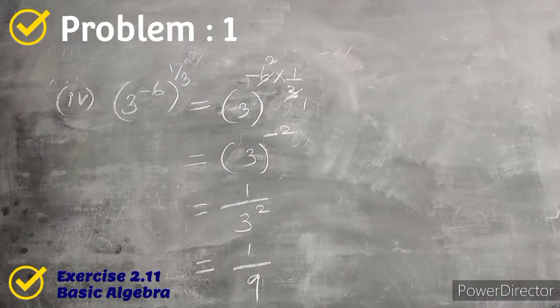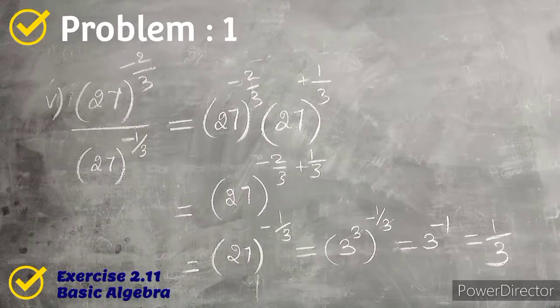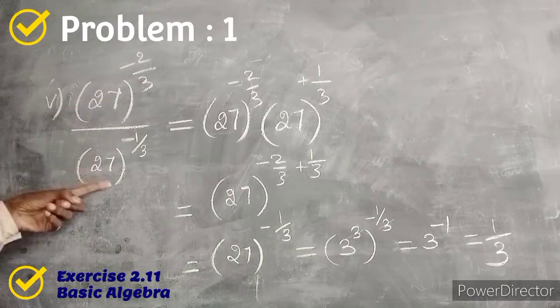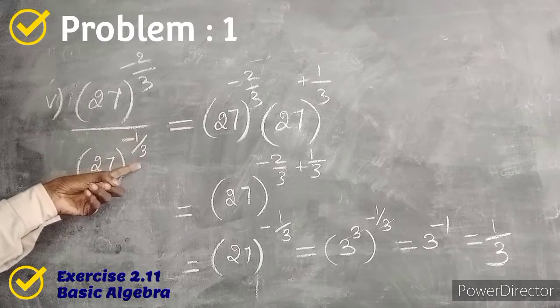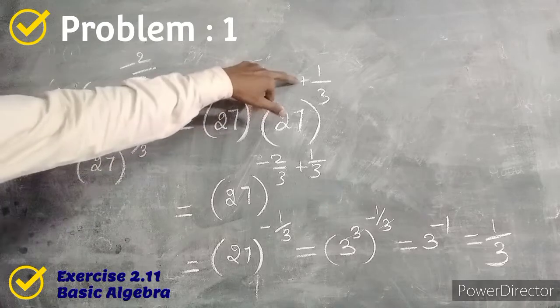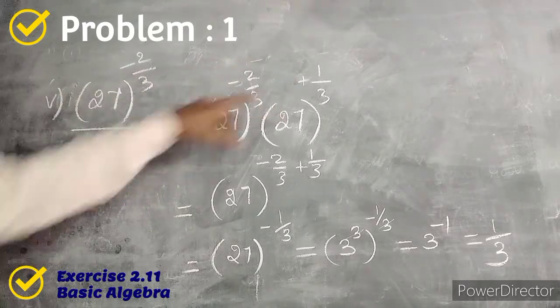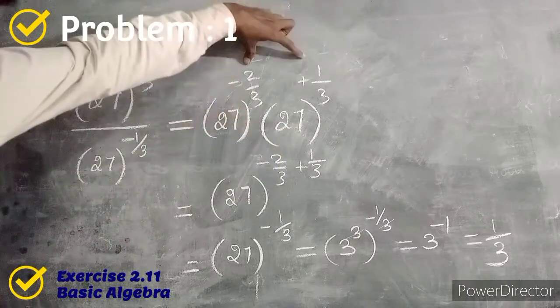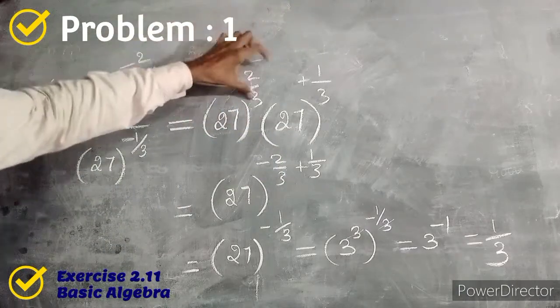Next, the last subdivision in the first problem. 27 power minus 2 by 3. It is 27 power minus 1 by 3, so I will consider this 27 power minus 1 by 3 in the numerator. Therefore it will be plus 1 by 3. This minus will be plus. The base will be equal, therefore the sum or subtraction of the powers, that is minus 2 by 3 plus 1 by 3.